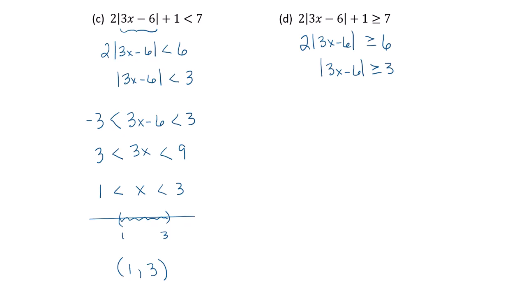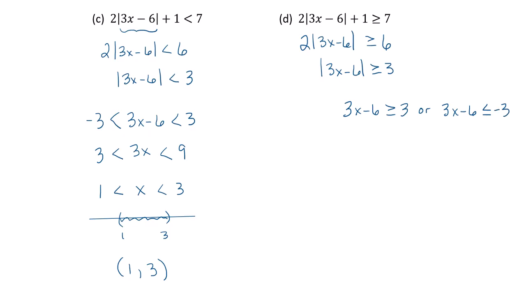Then we have this absolute value is greater than or equal to 3. That means that whatever the statement is inside is more than 3 away from 0. So 3x minus 6 is greater than or equal to 3, or 3x minus 6 is less than or equal to negative 3.